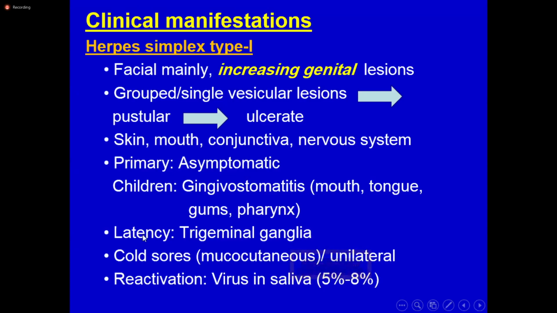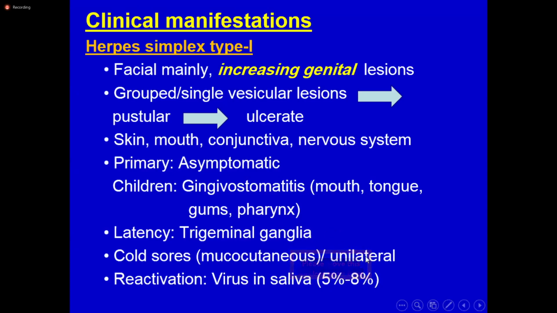Latency, they are going to stay in neural ganglia. Here, for type 1, trigeminal ganglia. And you know from neuroanatomy what is a trigeminal ganglia. Cold sores, the blisters that appear with a cold, mucocutaneous, epithelial, usually unilateral.